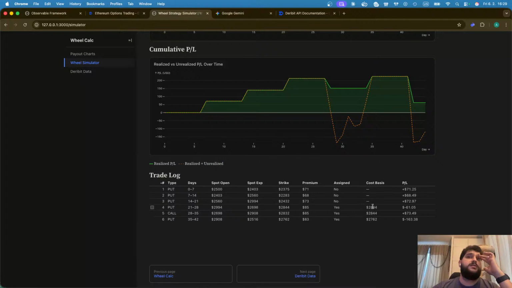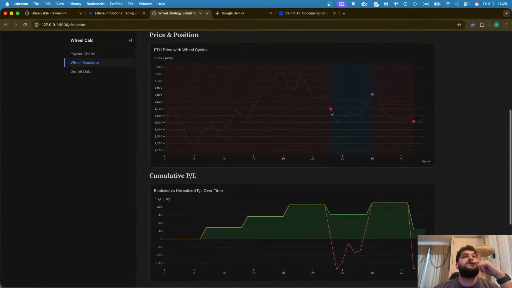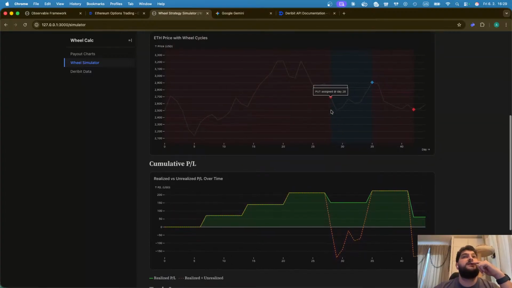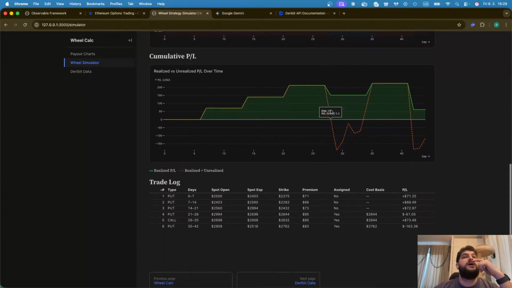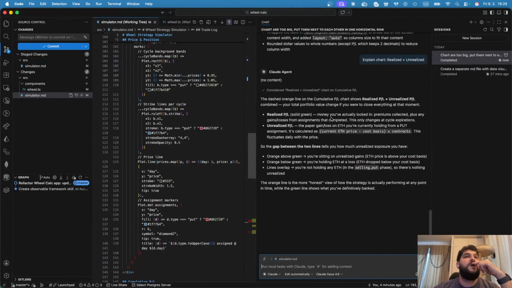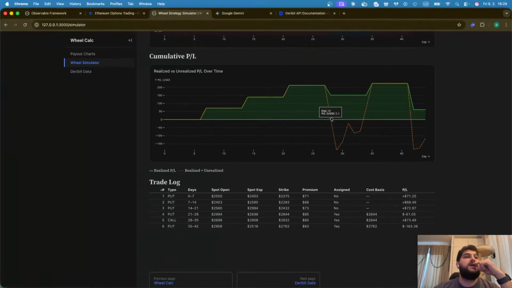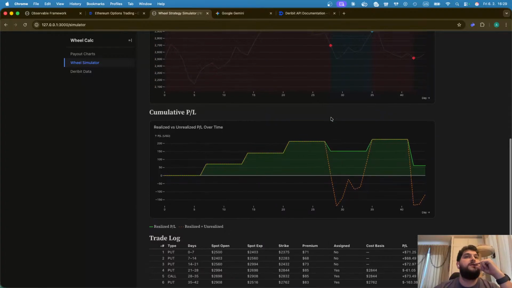Okay. But here, day 26, why did it go down? At day 28, it was 5. Because at this date, we did not hold any ETH.